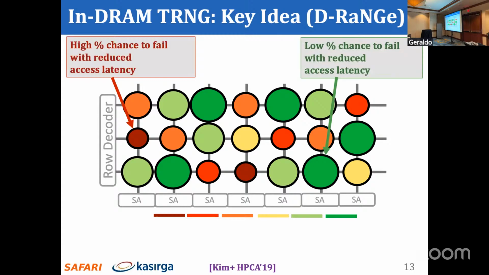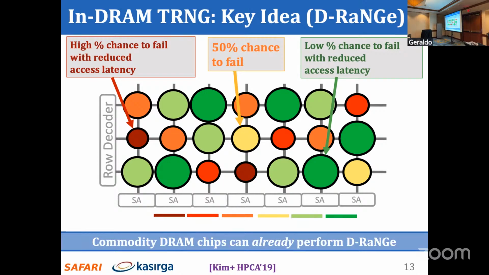And if that operation yields an error with a very low probability, then it's a green cell. Now, the key idea here is that there are some cells that have a 50% chance to fail when we do this. And because this operation already exists in DRAM chips, we can already access data with reduced access latency in DRAM. This operation is already supported by DRAM chips. So our idea is to leverage this.